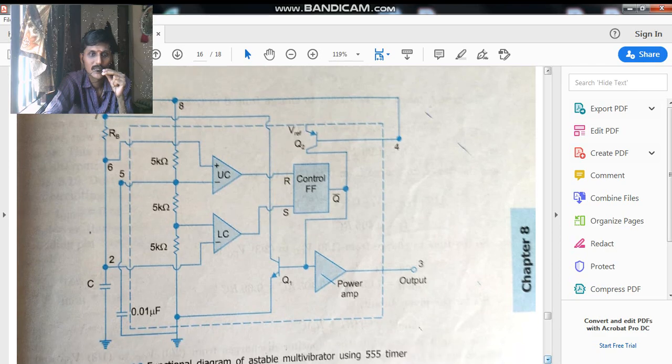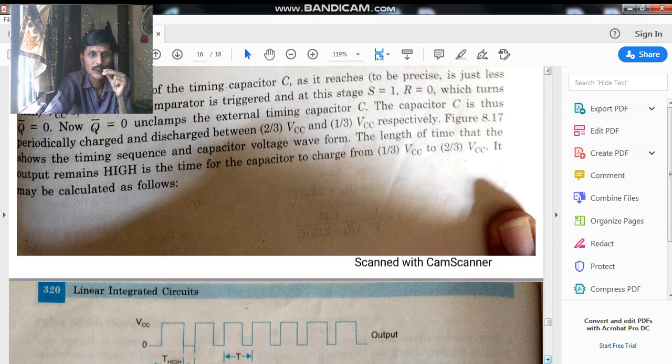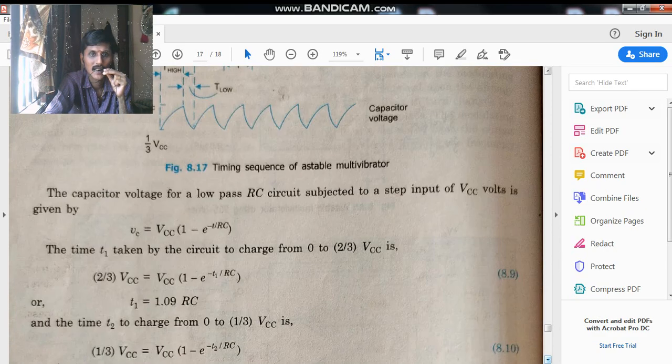Based upon this astable multivibrator, we are going to calculate the frequency. In frequency analysis, the capacitor voltage VC is equal to VCC into (1 minus e power minus t by RC). The time t1 taken by the circuit to charge from 1/3 VCC to 2/3 VCC.